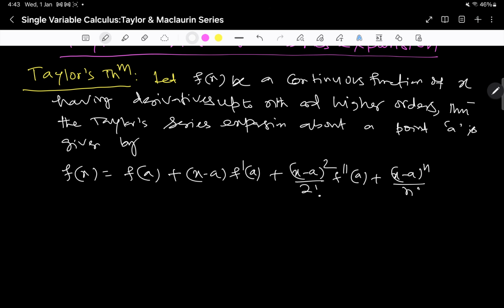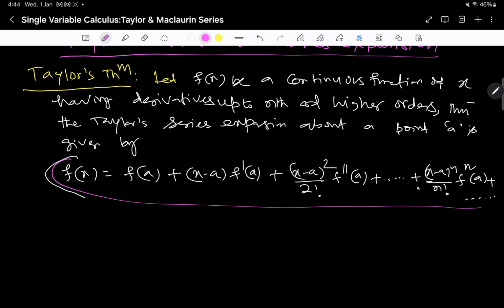and so on, we can continue it, plus (x minus a) to the power n by factorial n f nth derivative at a, and so on. So this is the Taylor series expansion about the point a.